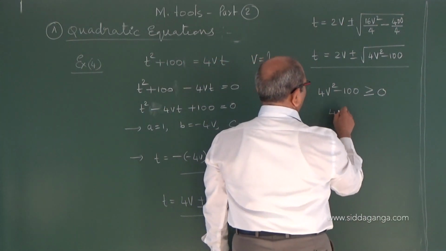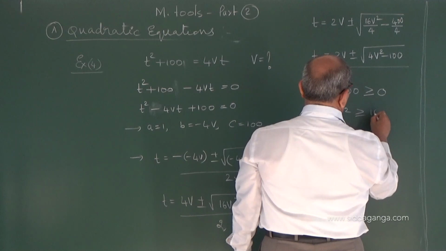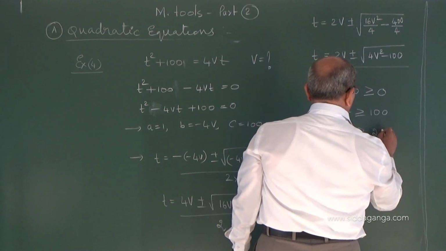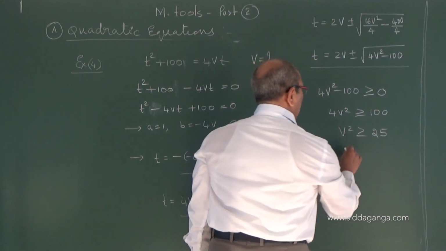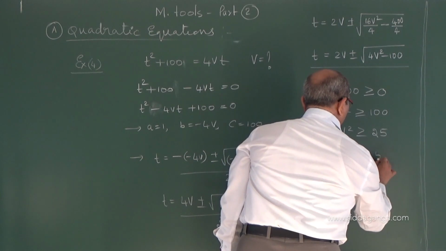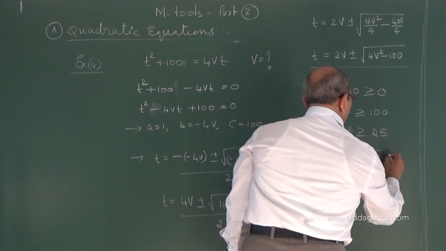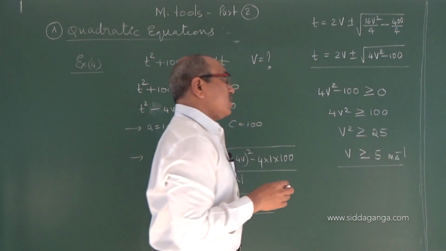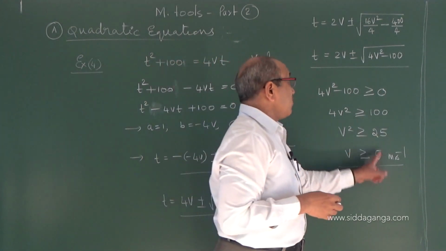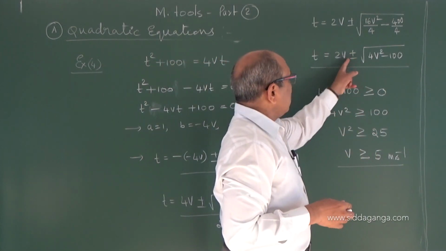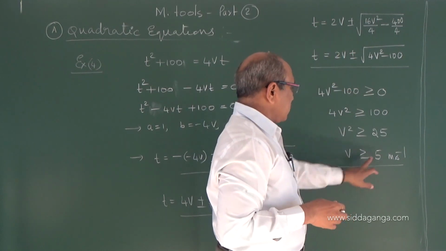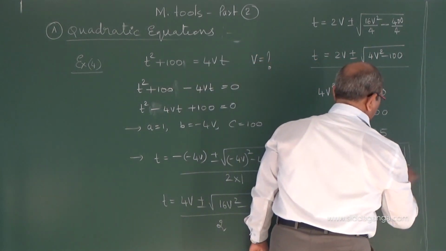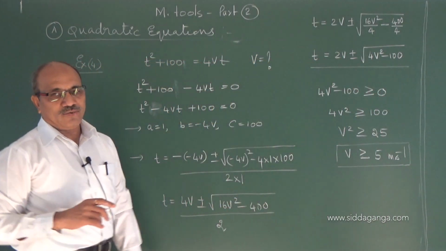So 4v square must be greater than or equal to 100, or v square must be greater than or equal to 25, or v must be greater than or equal to 5 meter per second. A negative value cannot be taken, so the possible value of v is limited to this. It can take values of 5 or more.